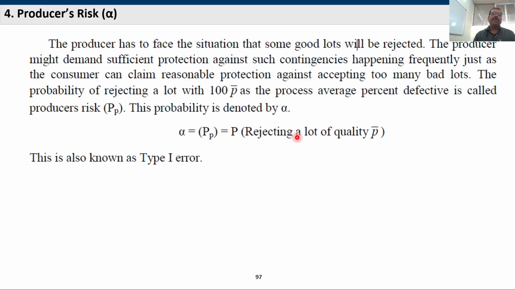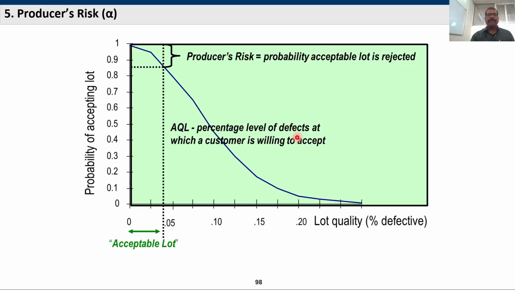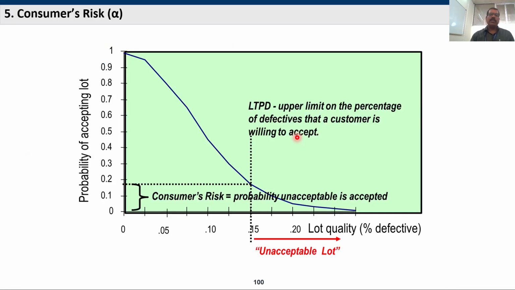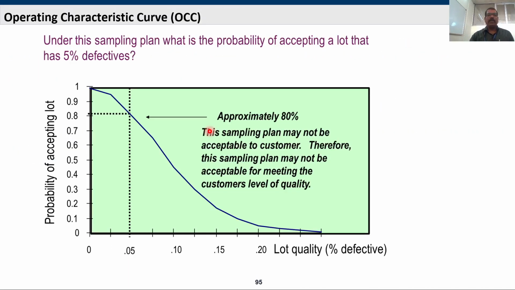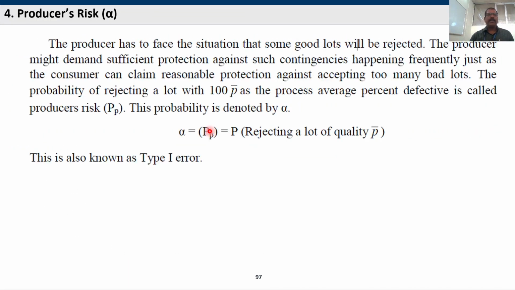Then producer's risk and consumer's risk. Two concepts are there. So which one is the consumer risk? Which one is the producer risk? Here, from the OC curve, the operating characteristics curve, we can explain.